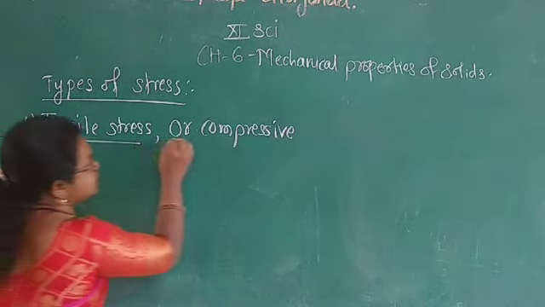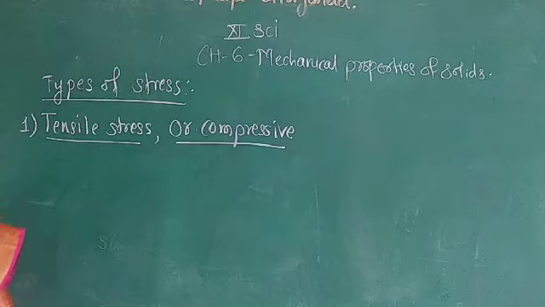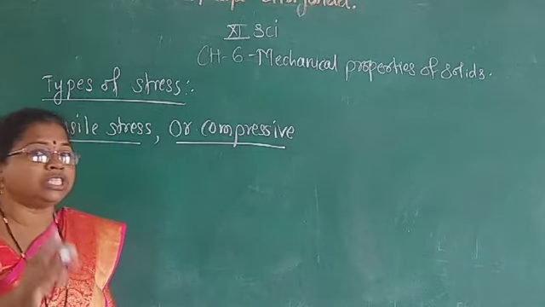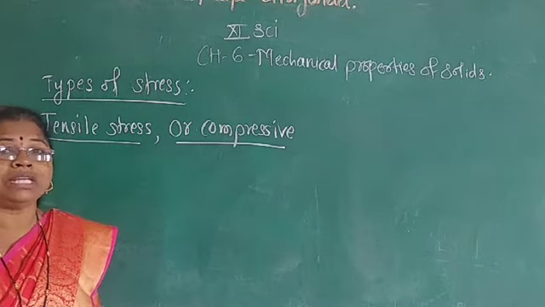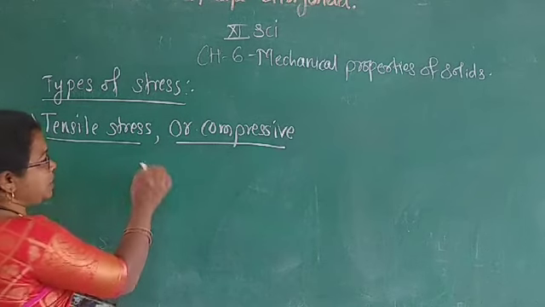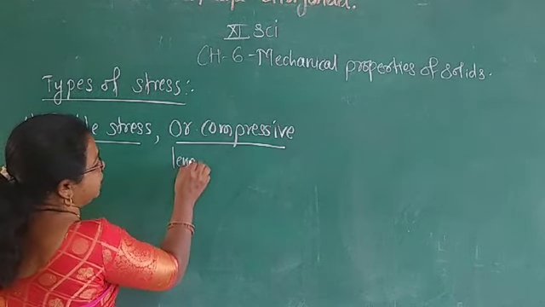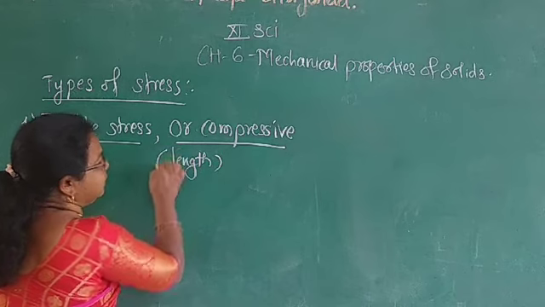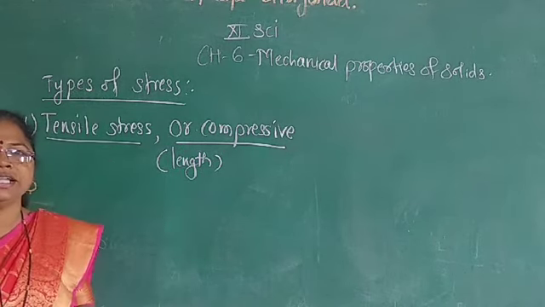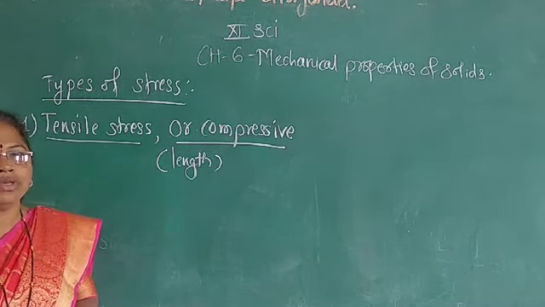Okay, so what is tensile stress or compressive stress? In this, there is a change in length. Which dimension changes? The dimension is length. When there is a change in length, it is called tensile stress or compressive stress.